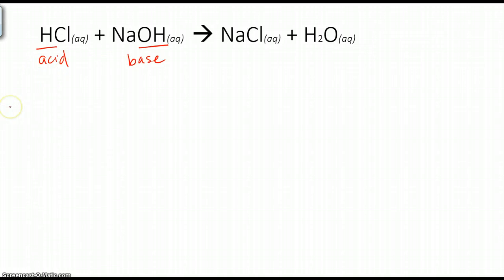Clearly, this is an acid-base reaction. The other big hint is that it always will make water, okay? And these are very similar to the precipitate reactions. As you notice, you more or less have what we call a double replacement, where the Na goes to the Cl and the H goes to the OH.